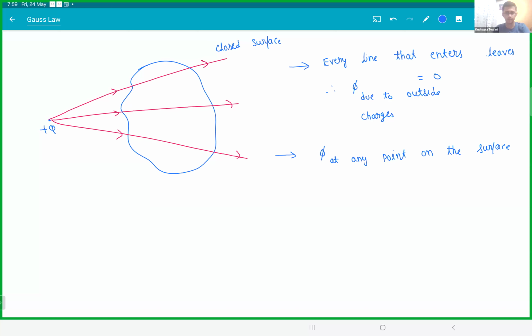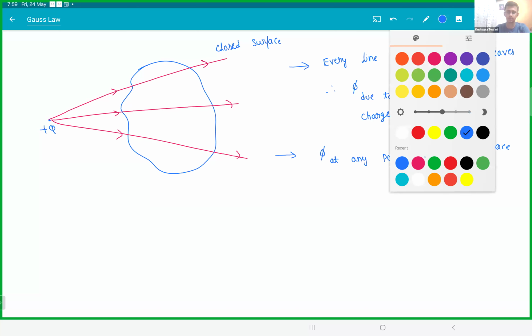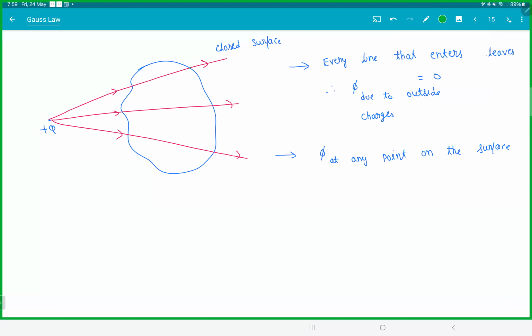No, sir. Look at this. If you look at here, this is the area vector. Here the angle is acute. So flux at this small region is positive. If you look at here, this is the area vector, and this is your field.